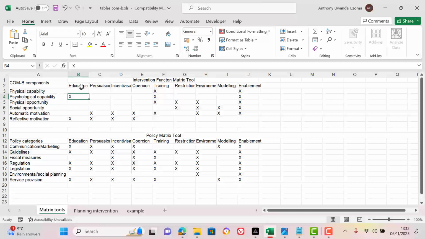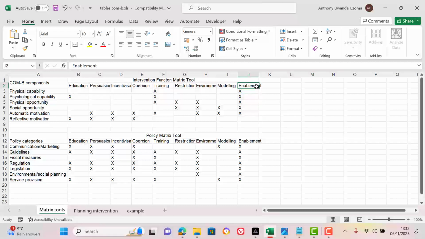Now you look at the table, and for psychological capability you can use education, one. You can also use training, two, and then you can use enablement. That means we have three options for these women: we either educate them, train them, or enable them.